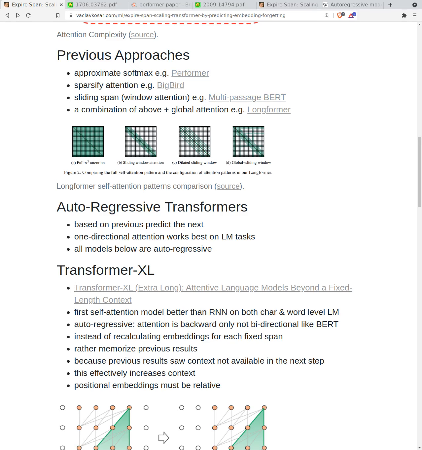For example, if you have an autoregressive problem, you can use a sliding window, or in general, instead of just using some sort of sparsity, a sliding span, where we attend only to those words that are not that far from each other. Longformer is sort of a combination: it uses a sliding window, sparsity, and in certain places attention on those positions all the time.